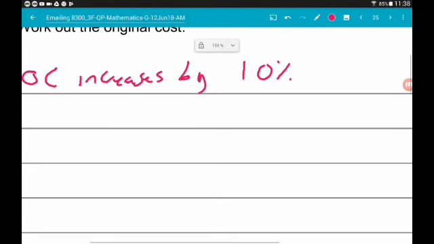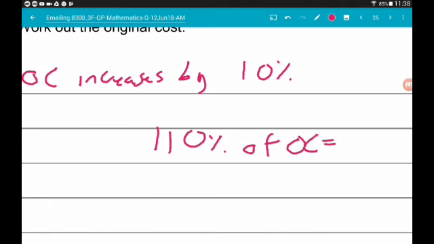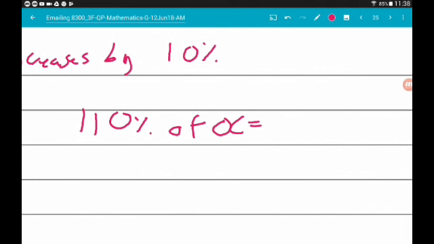So we can say, well, 110% of the original cost is equal to 1925. Now we want to go from 110% to 100%, but we can only do this by division and multiplication. So can we think of a nice percentage amount that goes into 110 that we can then turn into 100? Yes, we can. 10%.